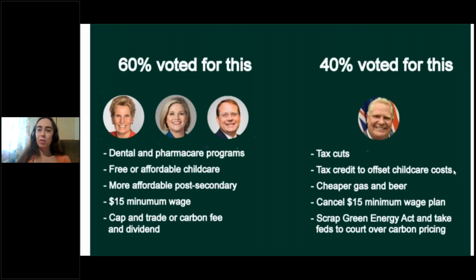But when you get a situation like in Ontario, where you have 3 parties promising things like dental care, pharmacare, increased minimum wage, environmental progress on carbon tax, and then you get another party who's promising tax cuts, canceling environmental programs, free beer, stuff like this, and that party wins, it becomes more obvious what's wrong with the electoral system and why proportional systems work better. Not because the policies on the left of the poster are better, but because they better reflect what the majority wanted.